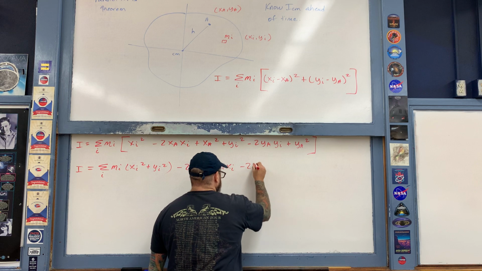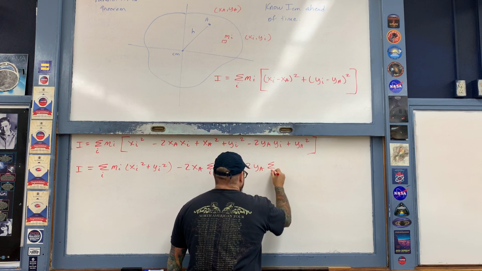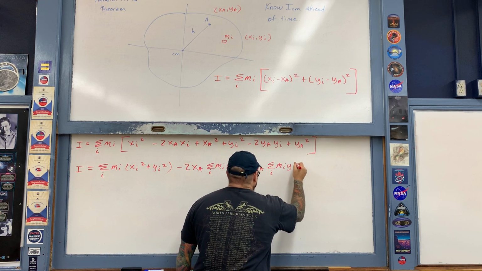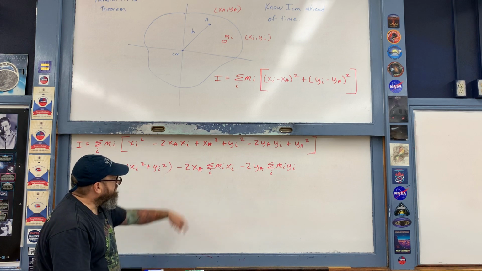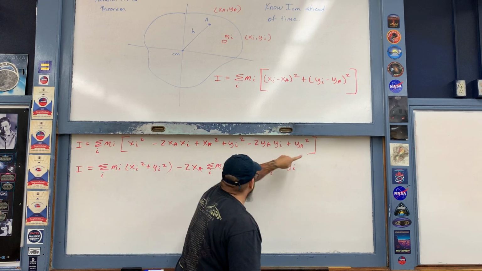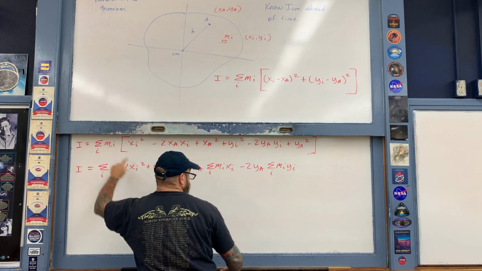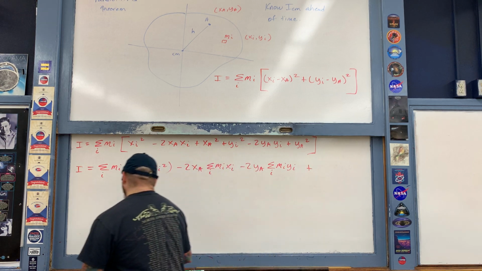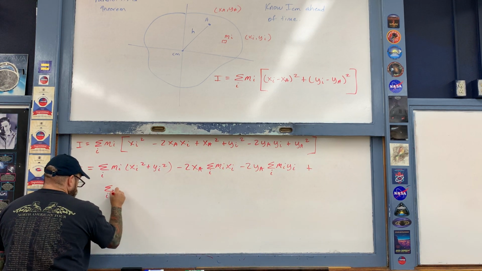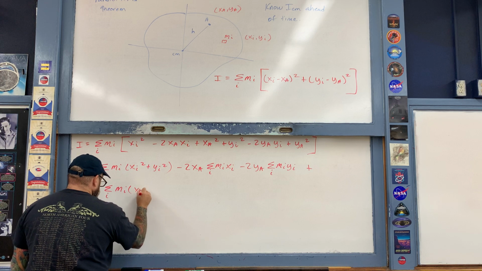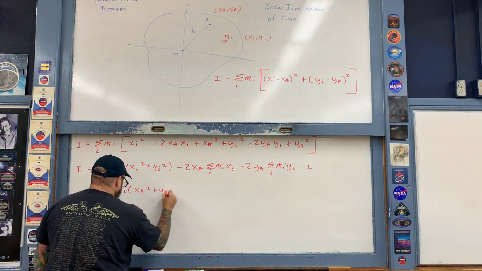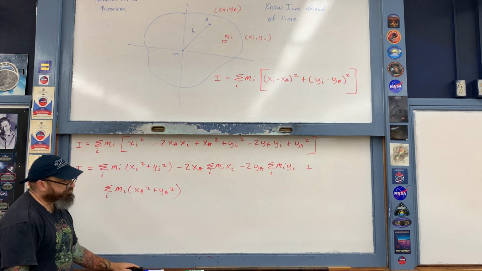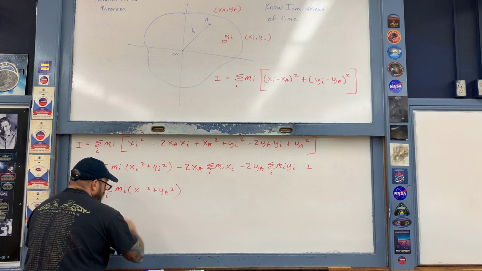I'll write it like this. Like that. And then lastly, this term here and this term here grouped together with the summation symbol. Like so. Like that. Okay, and now what's what?